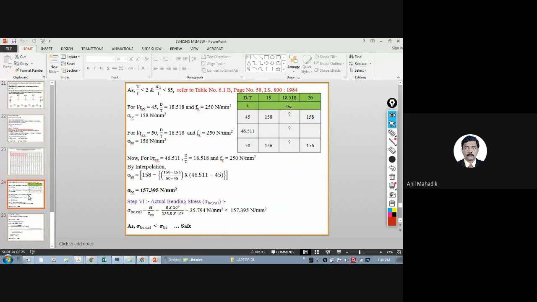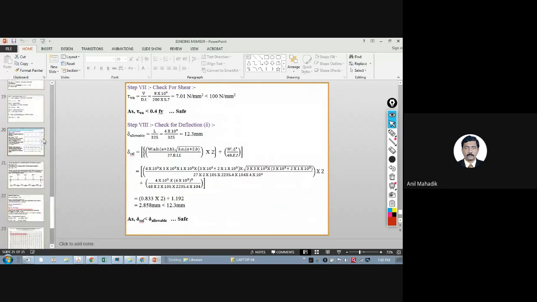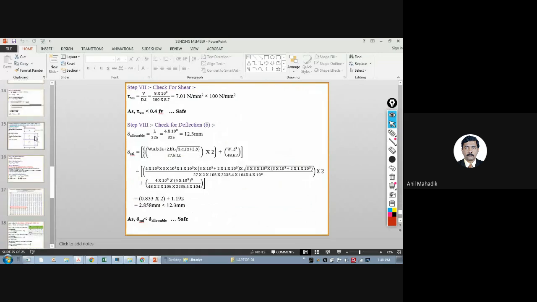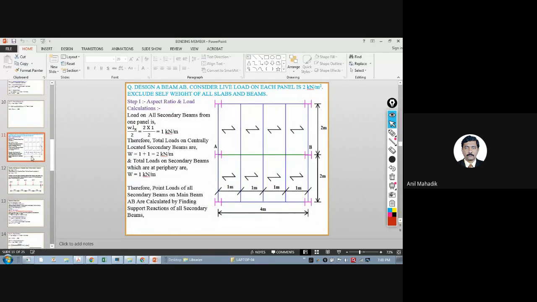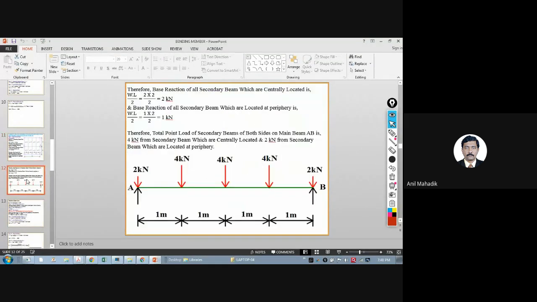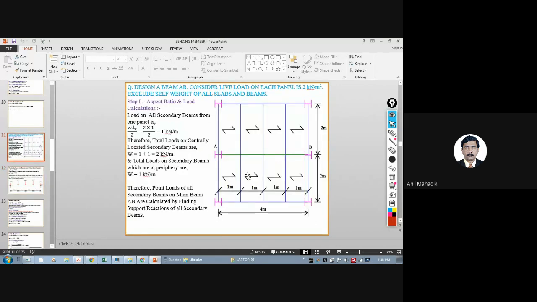Now there are these point load problems given here. So many times what happens is, look in the plan. This is a plan, let's say, and we are interested in the beam design.